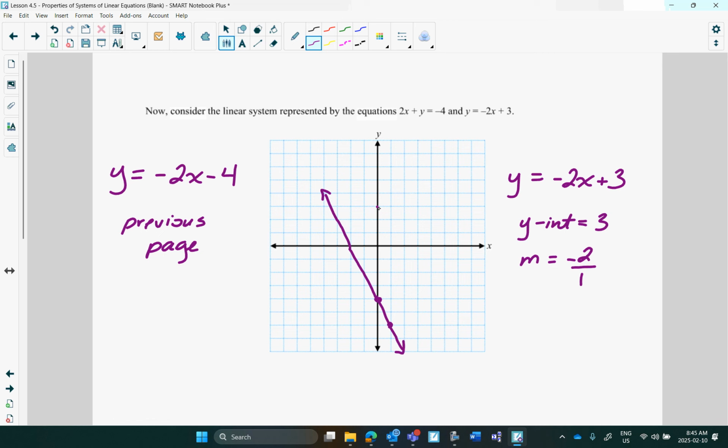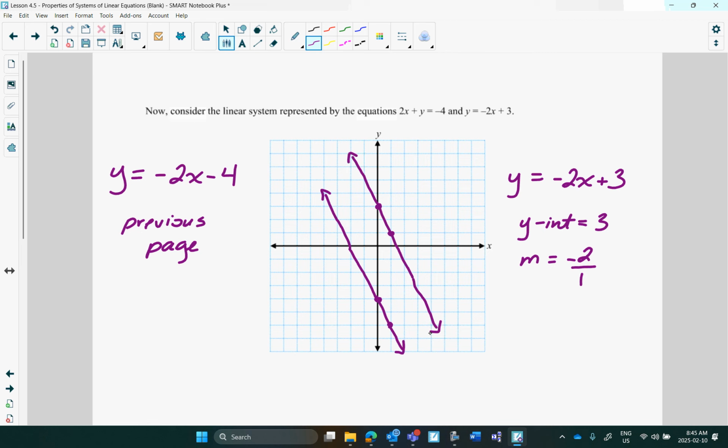So let's graph this one. Plot the y-intercept first. Use the slope to find a second point. So from the y-intercept, it tells me to go down 2 and to the right 1. Graph your line. Where do they intersect?